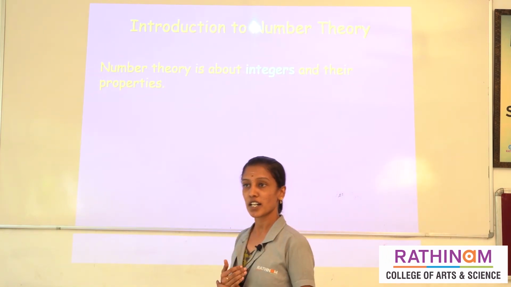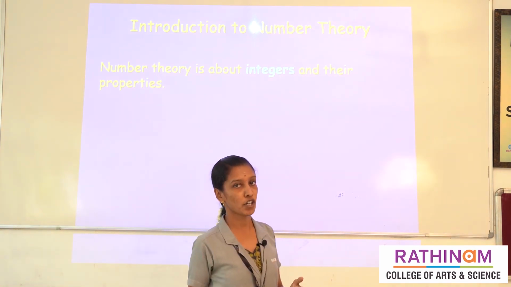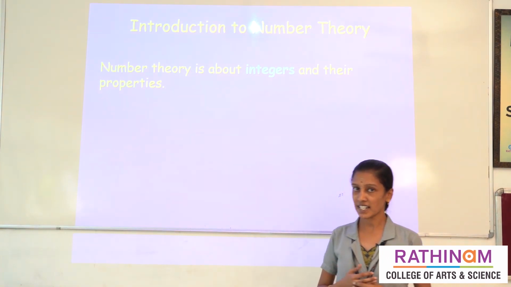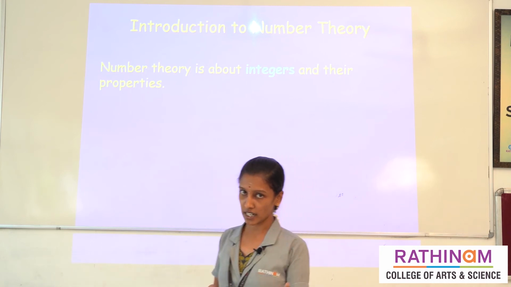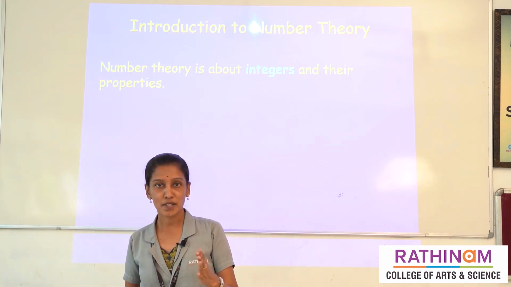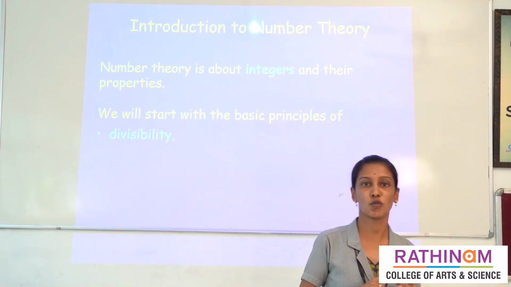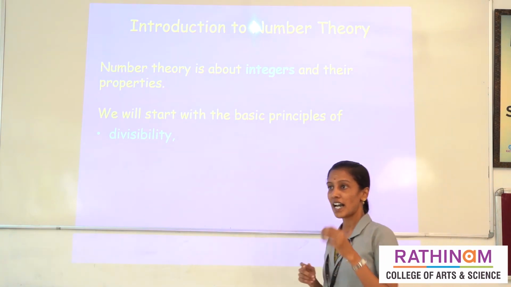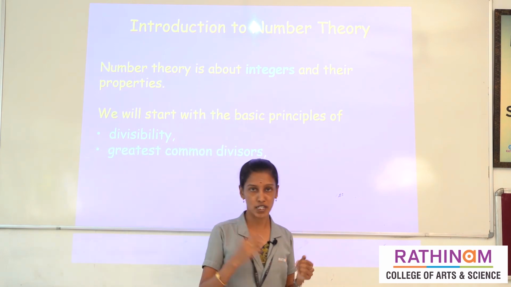Next we are going to see what GCD and LCM are, because these two are very important concepts when we study number theory. GCD is the greatest common divisor. Whatever numbers you are considering, there must be common divisors, and among the common divisors the greatest is called the GCD. For example, let me take 12 and 24.